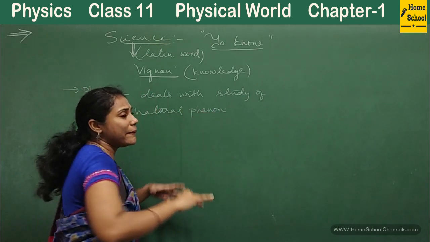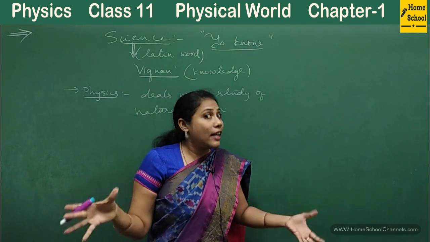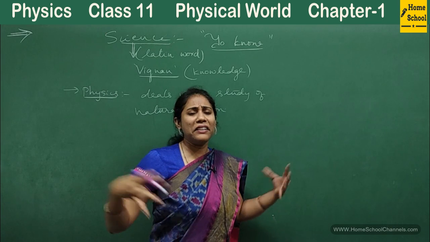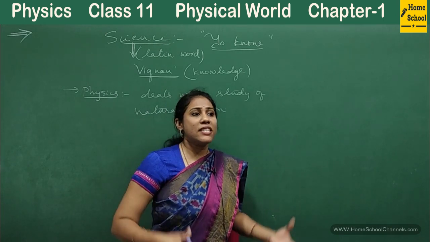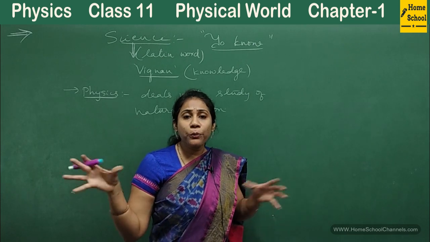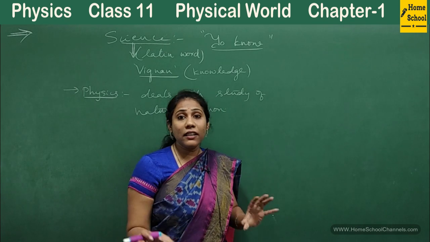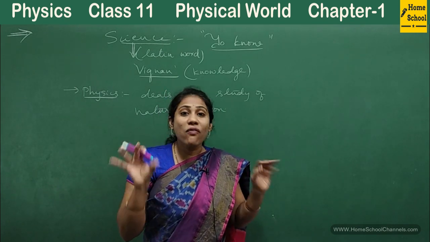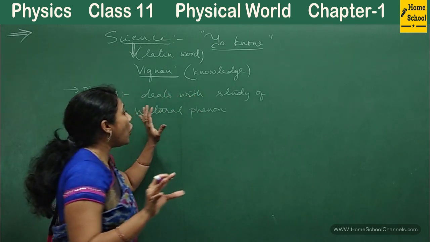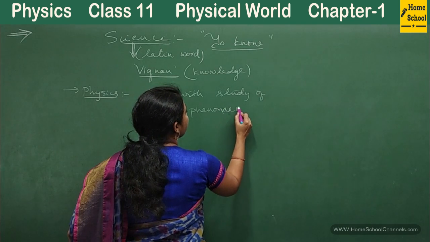We study many natural phenomena that are taking place around us. Like I already told you, sunset, sunrise, and we study optics. We study how planets move and how stars twinkle. How does a rainbow appear? All these are natural wonders. So physics is all about the study of natural phenomena.